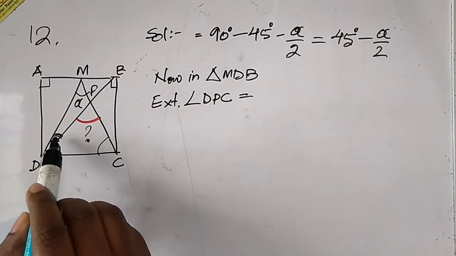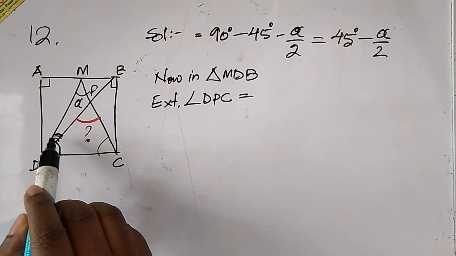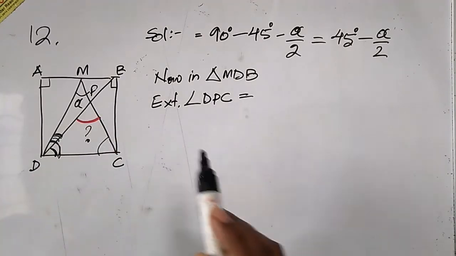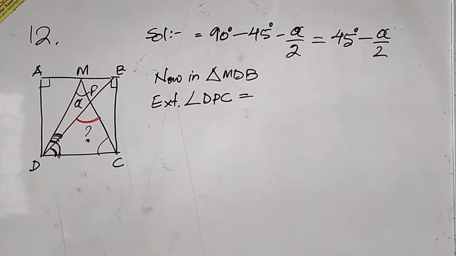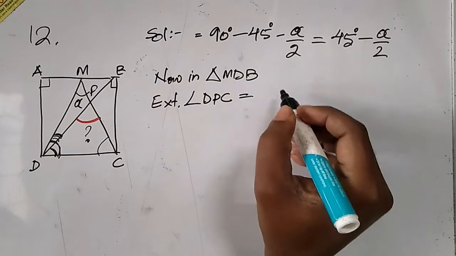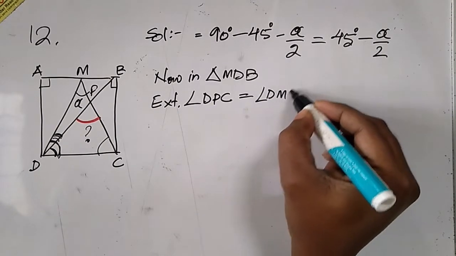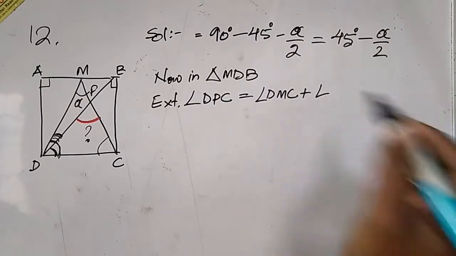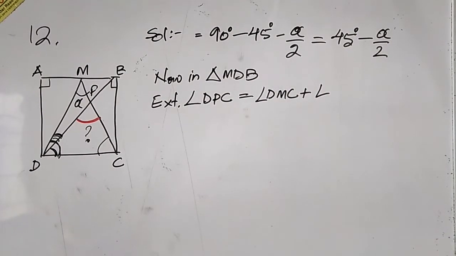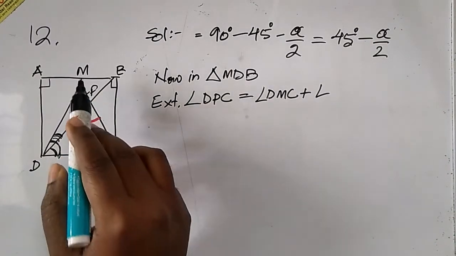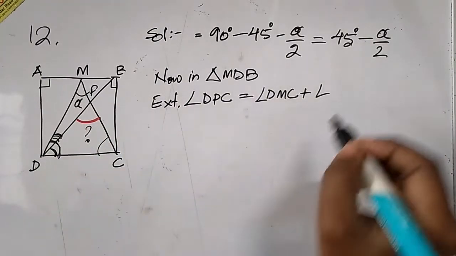Right, now we already have found the value of MDB. So exterior angle DPC is equal to the sum of the two opposite interior angles, and the two opposite interior angles here are angle DMC plus angle MDB.